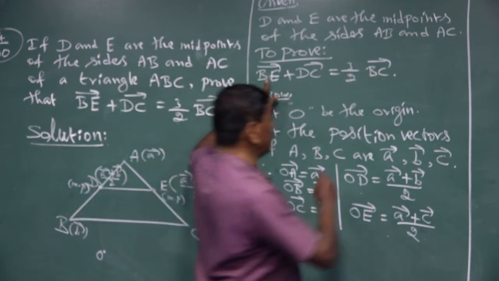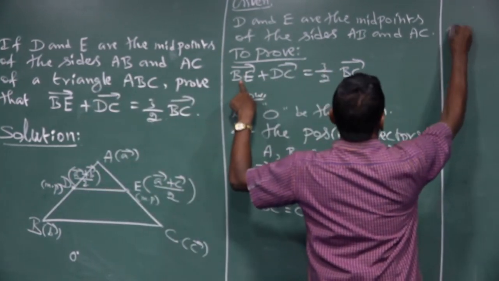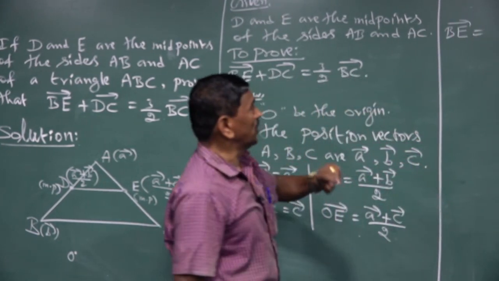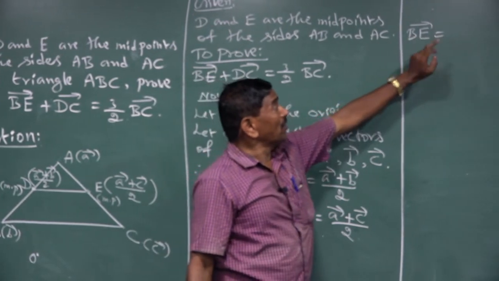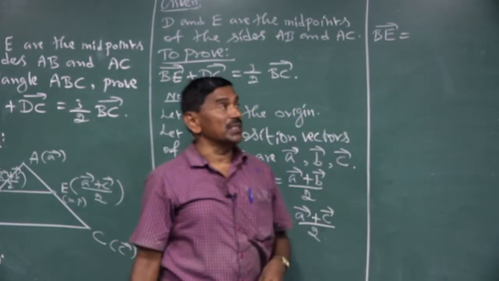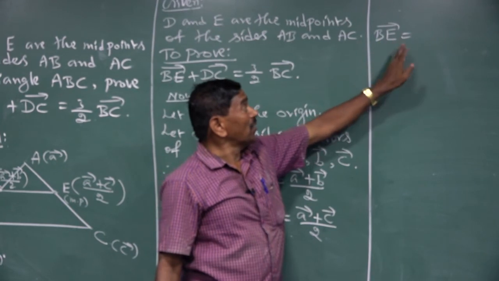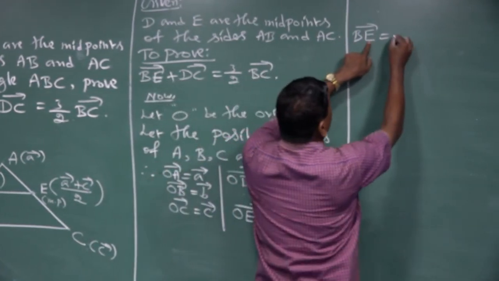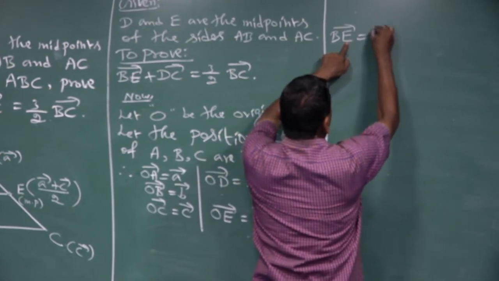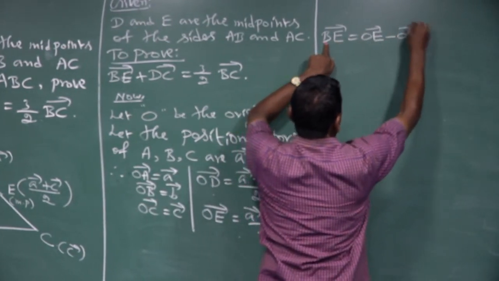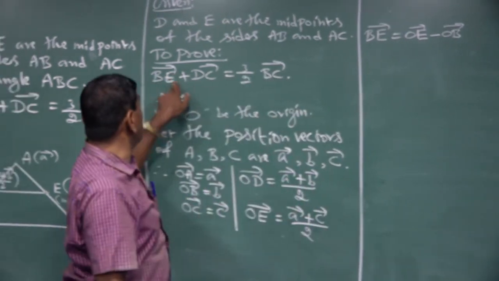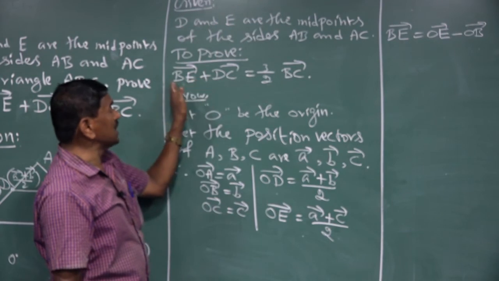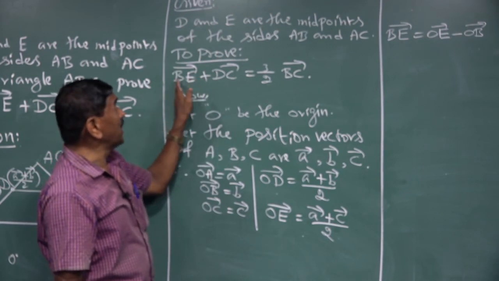Okay, come to the first term, BE vector. Because O is the origin, BE vector is equal to second minus first, that is OE vector minus OB vector.